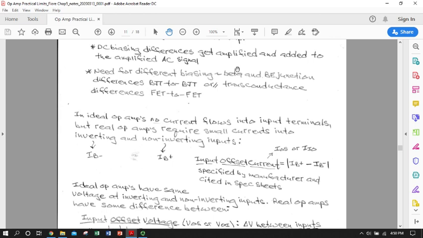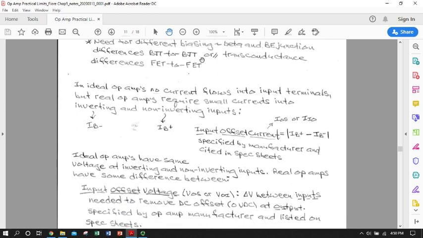And so the sources of the asymmetries in the diff amp section are going to be different. In the case of the BJT, you might get non-idealities and asymmetry due to betas being different from one side of the diff amp to the other. Whereas if you're using FETs to make up the diff amp portion of your op amp, the main culprit in your asymmetry is probably transconductance differences from one side to the other. Either way, you're going to get something.